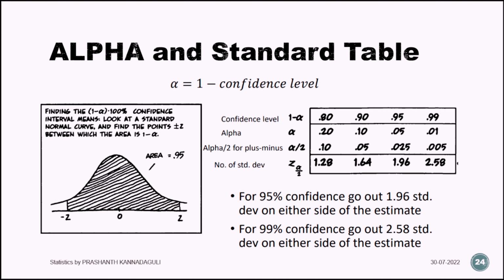Wherever you write 1 minus alpha, that will be the confidence level. So we'll take 80% confidence, 90% confidence, 95% confidence, 99% confidence.